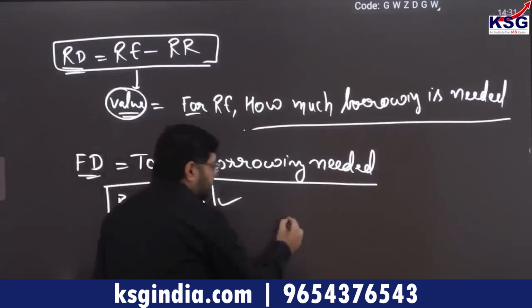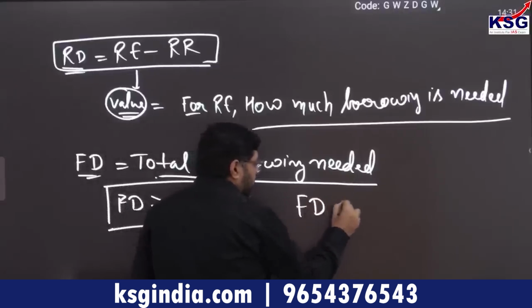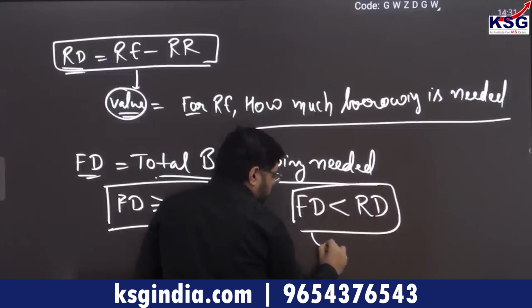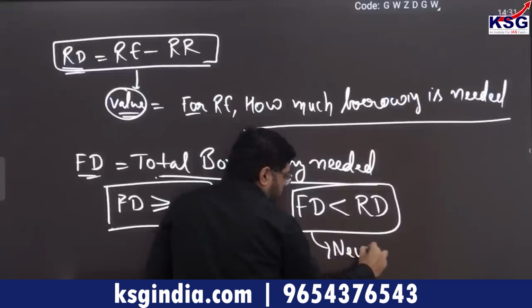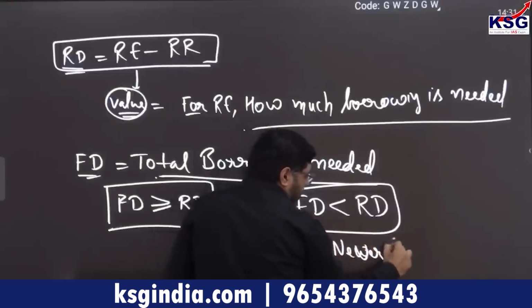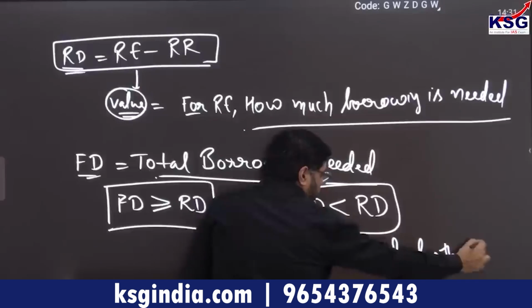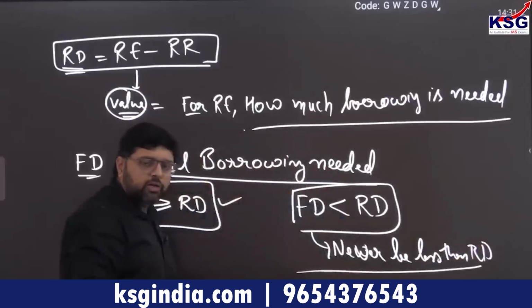Or you can say FD will never be less than revenue deficit. Yes or no? How many of you understood this?